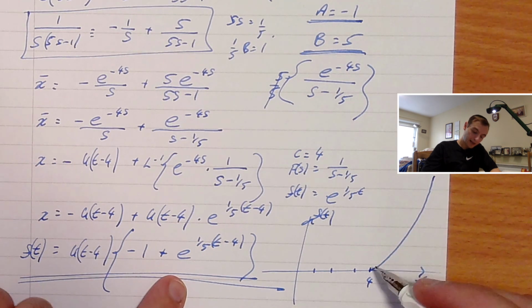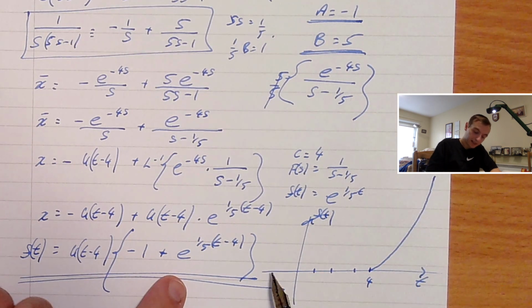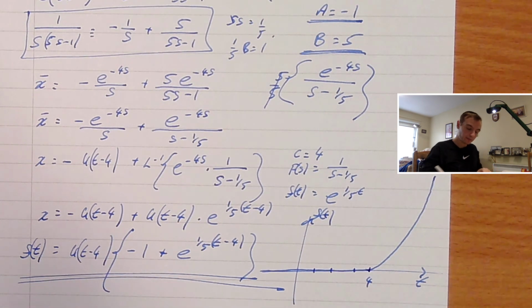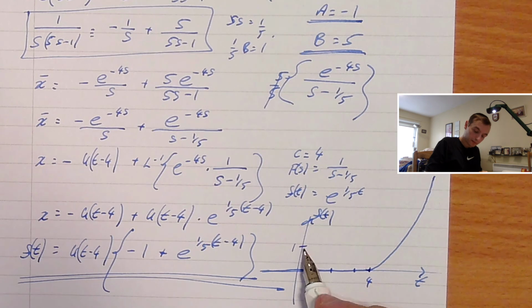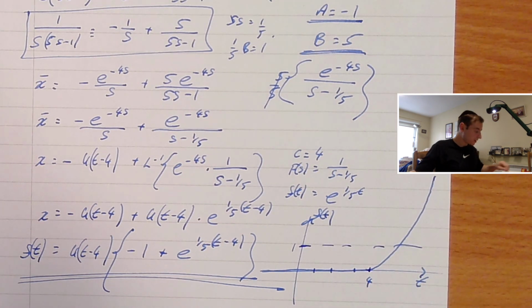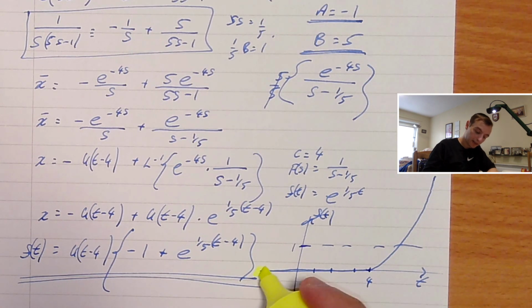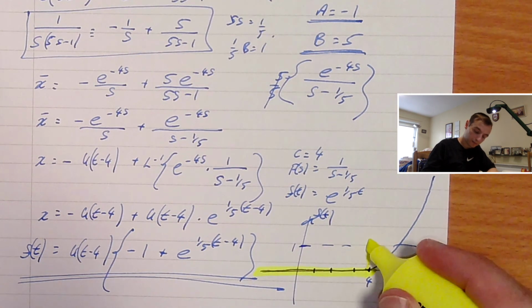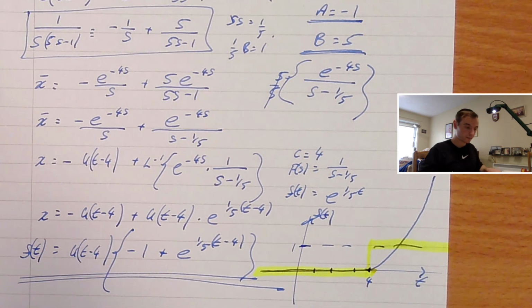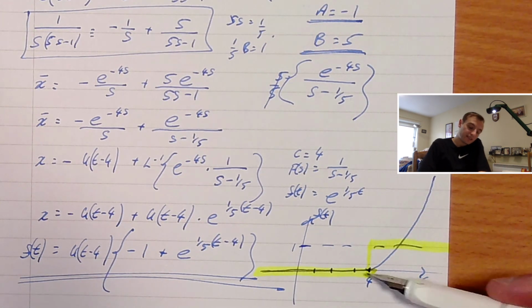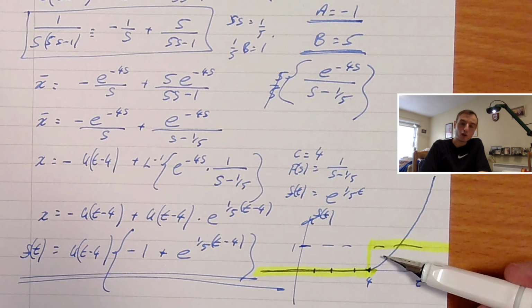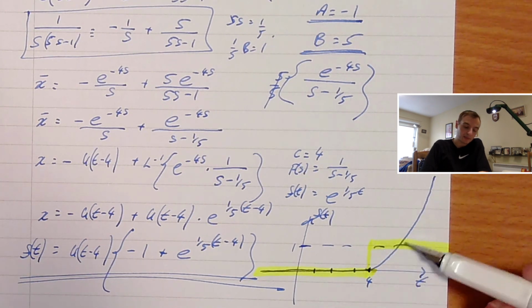And remember, this is going to be 0 all the way up until that point over there. And if that's 1, we can say that the input is going to look like this, and that's u(t minus 4). So we can see very clearly that when we turn on something, the response is going to be this blue line like that.